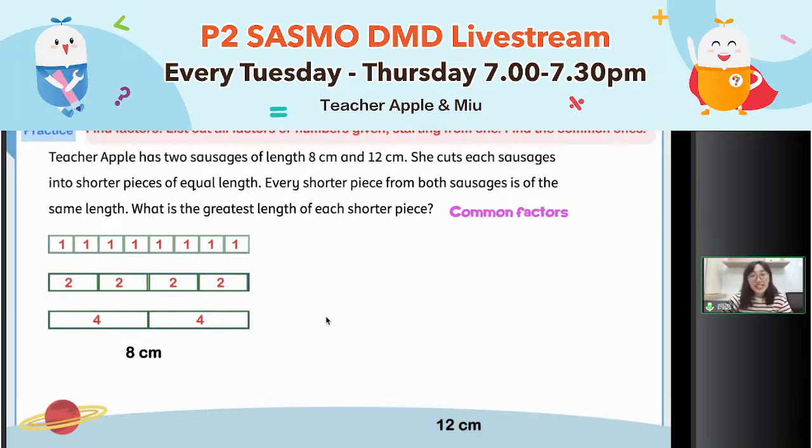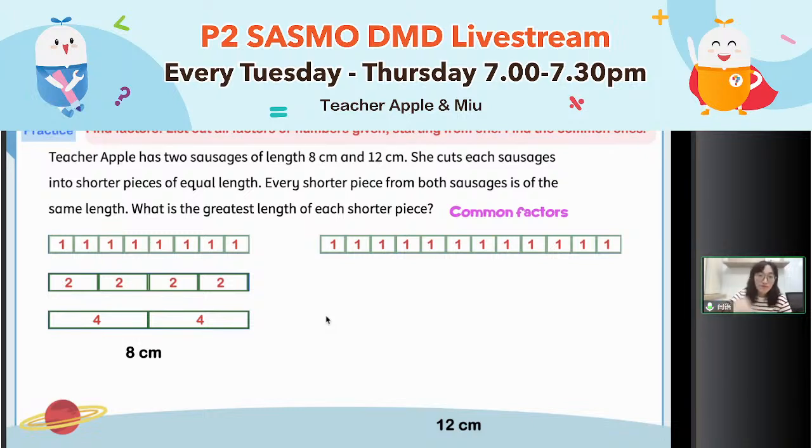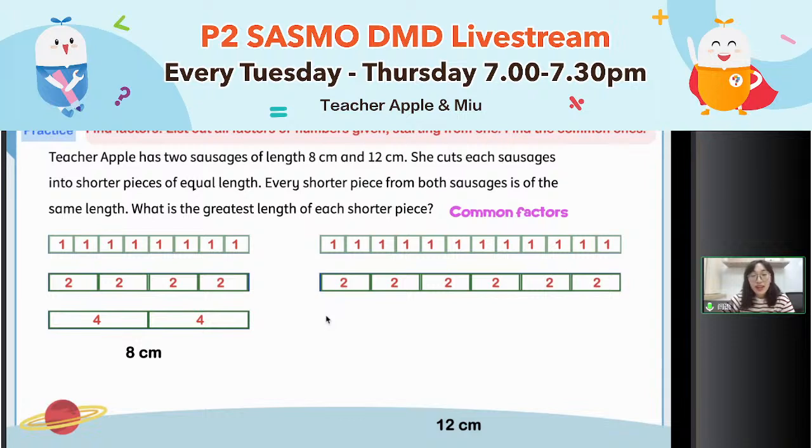Okay, and following this, let's have a look. How can we divide the 12 centimeter into some shorter pieces? Again, we start from 1. How many 1s are there? Of course, we have twelve 1 centimeter pieces. Any other ways to divide that into shorter pieces? Yes, we can divide that into 6 pieces of 2 centimeter. 2, 2, 2, 2, 2, 2.